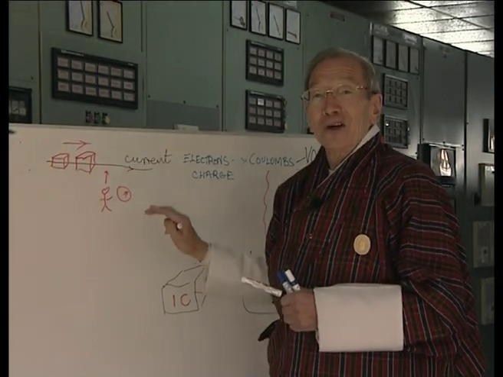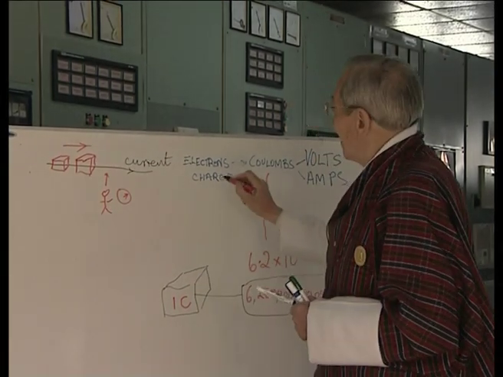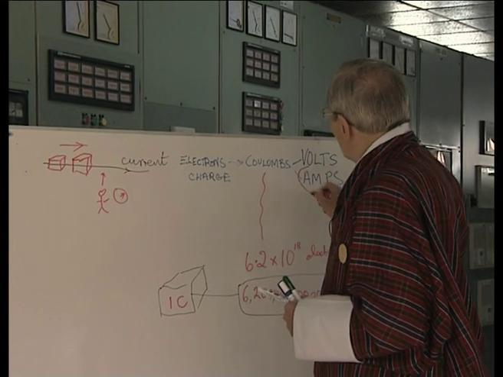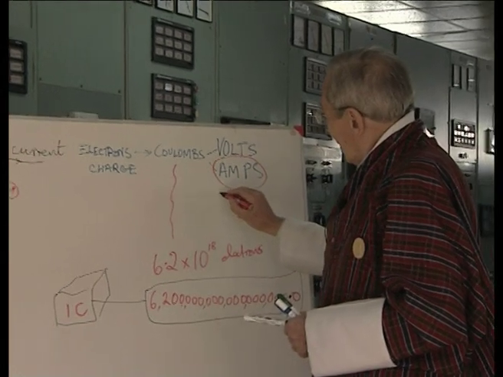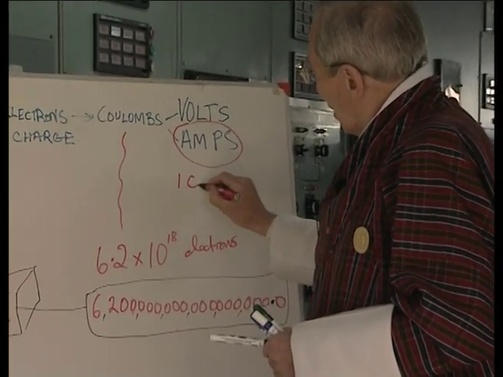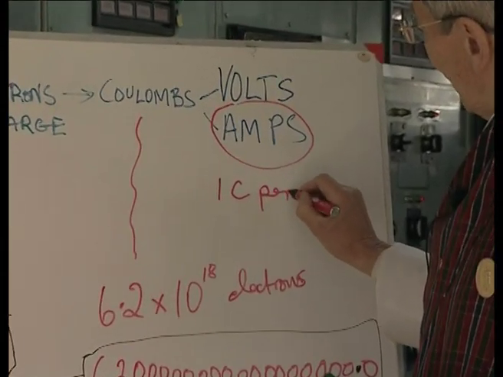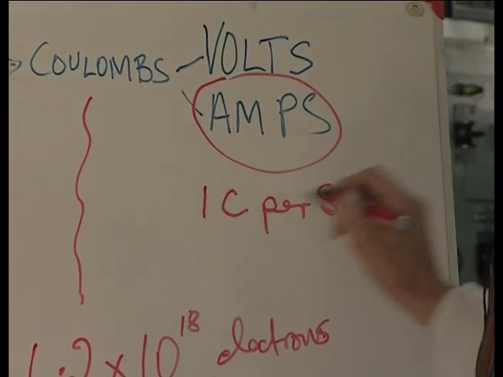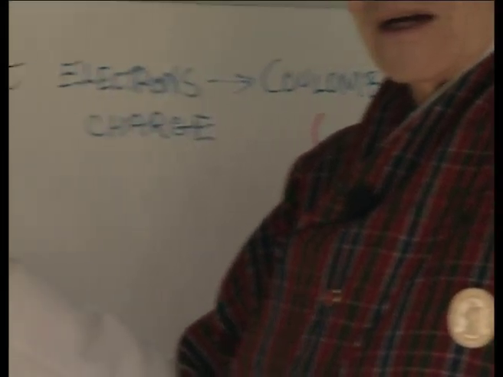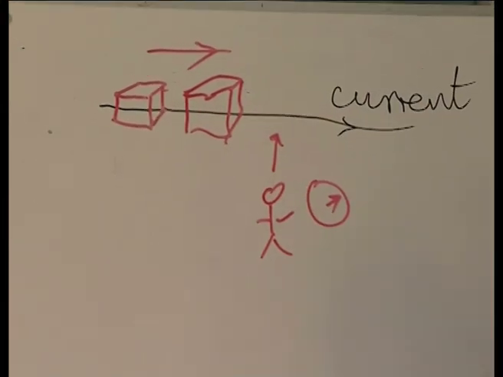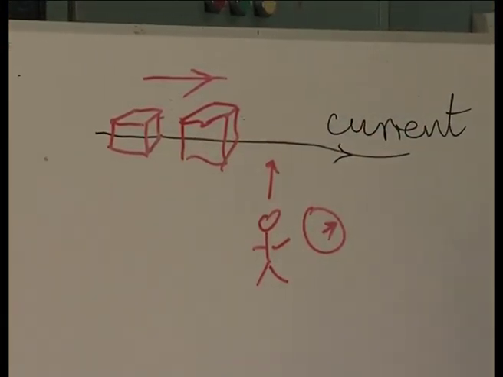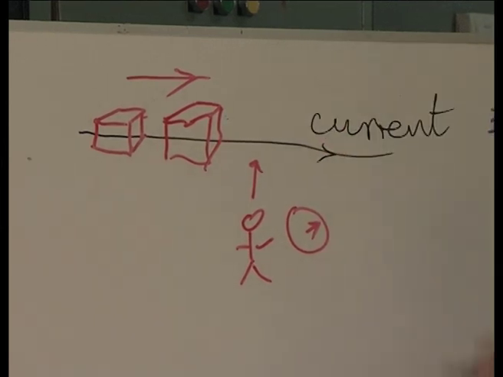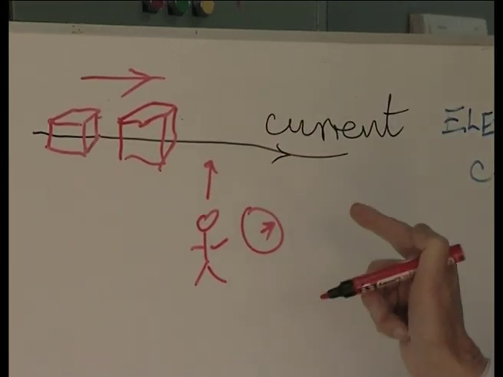That is called amps. 1 amp is a flow of electric charge of 1 coulomb per second. If the little man here counted 1 second, go, go, and during that time 1 box went by, the current in that wire would be 1 amp.